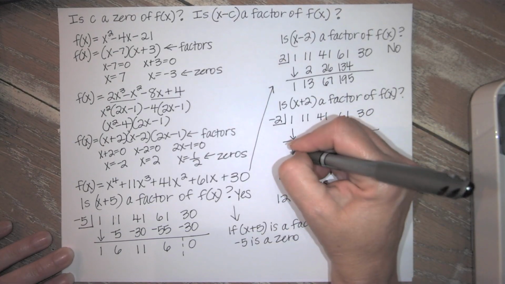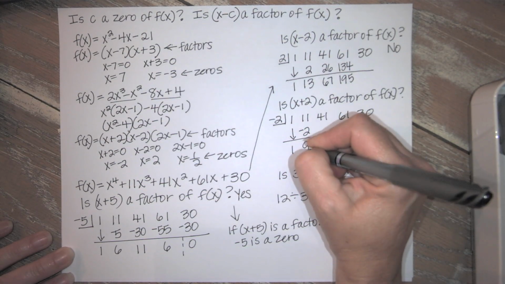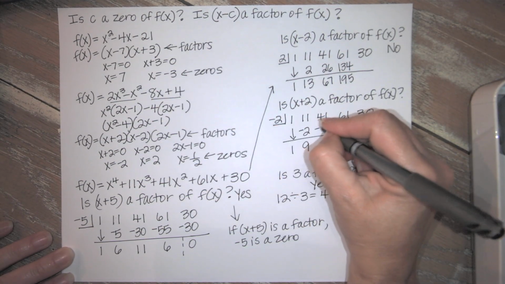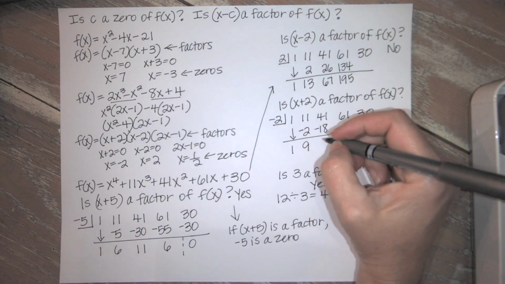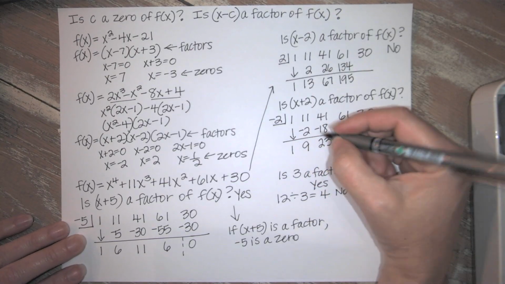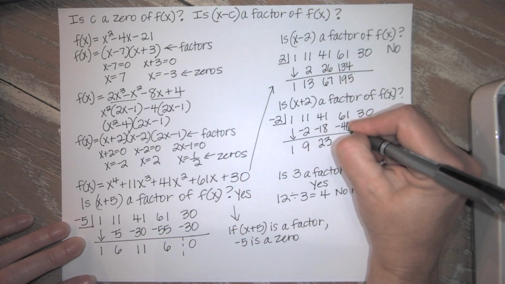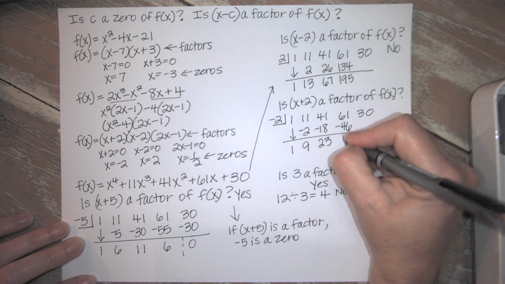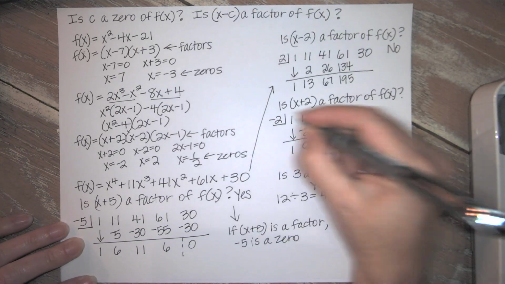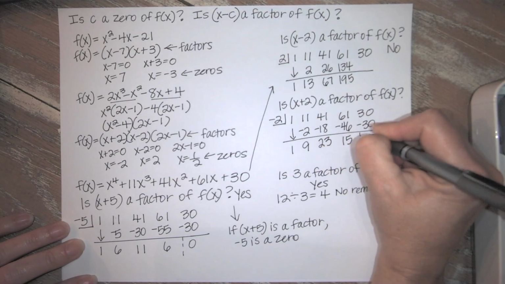Bring the 1 straight down, loop around and multiply, combine those, and multiply. Let's see, 23, I think. 23 times negative 2 is negative 46. I believe that's 15. 15 times negative 2 is negative 30.